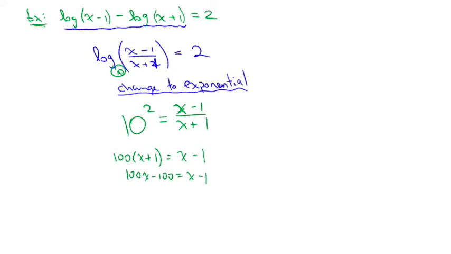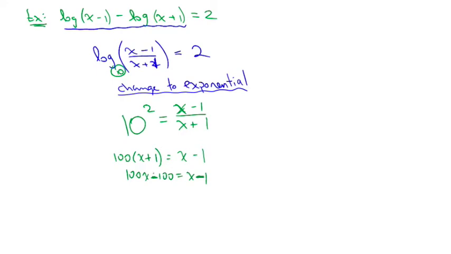Then what? Hold on now. I get to talking with you on the board and then I get behind writing. So how do I solve this equation? Subtract X from both sides, and while you're at it, subtract 100.